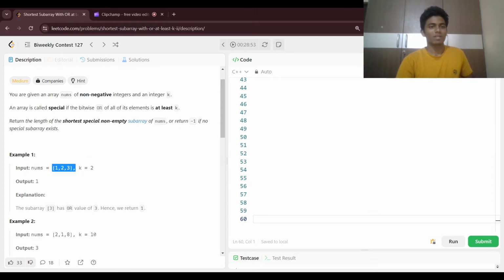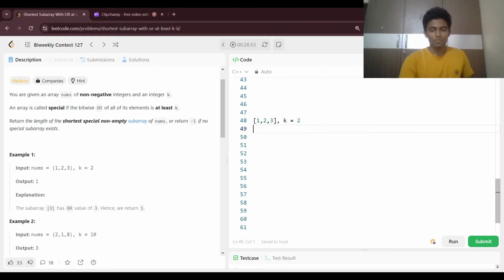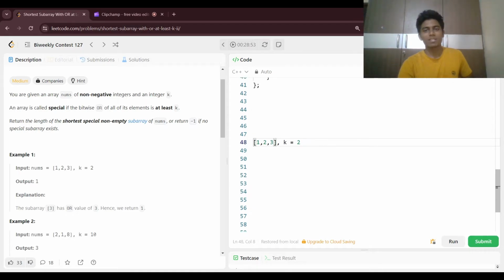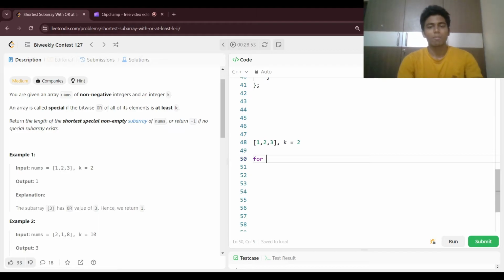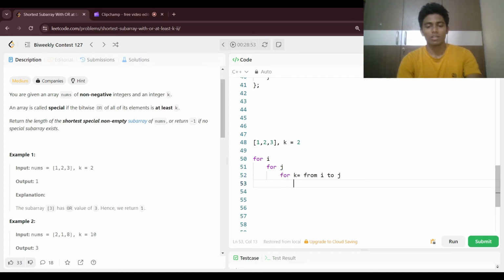Suppose I take the elements 1 2 3. As we have already seen in the first question, the problem one, we solved it by taking one for loop for the starting point and one more for loop for the ending point, and then, with k, going from i to j and doing the OR operation on all elements.